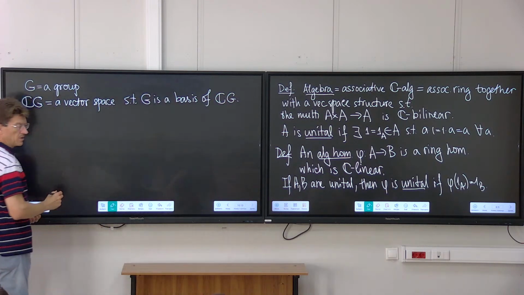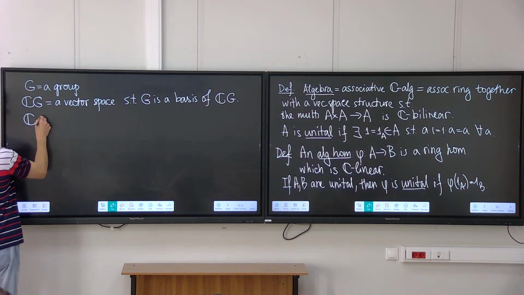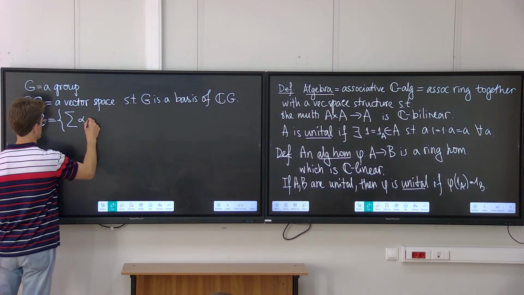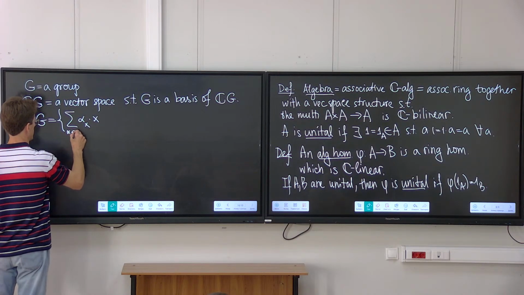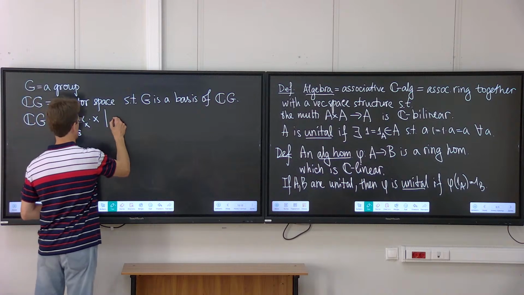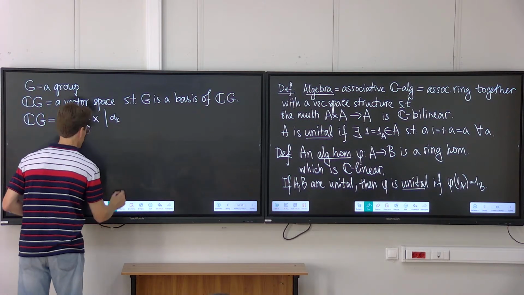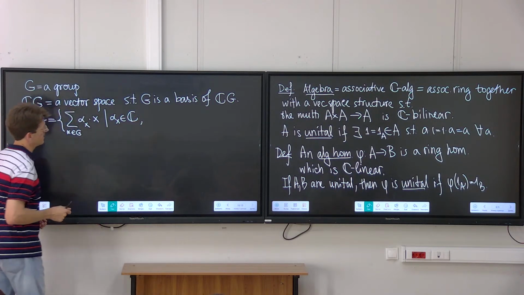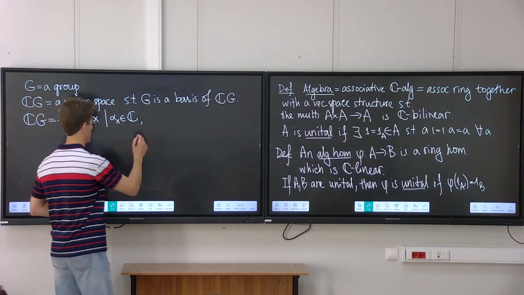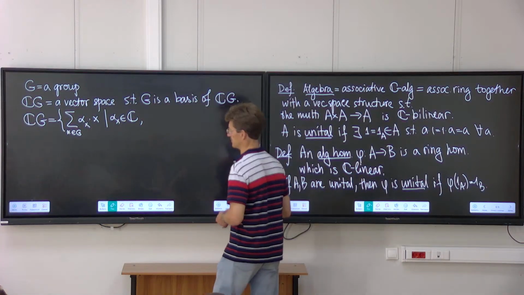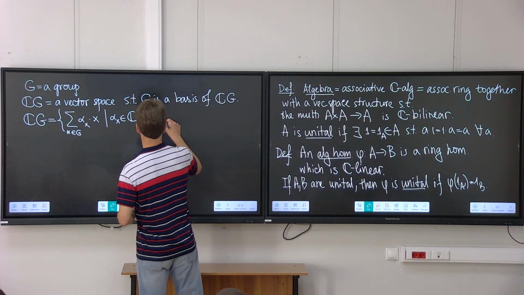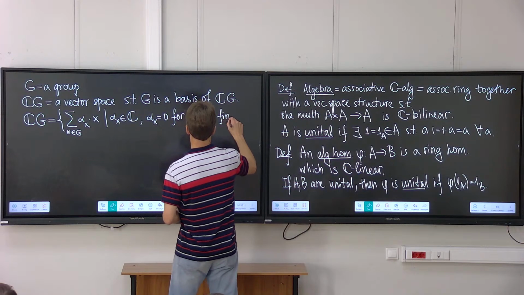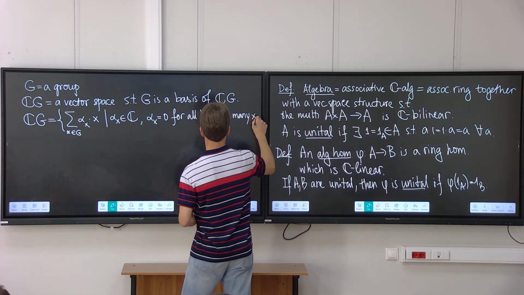So it's convenient to look at the space as the space of all formal linear combinations of elements of G, the sum of alpha x times x, where alpha x are arbitrary complex numbers, but of course we assume that all but finitely many of them are equal to 0.